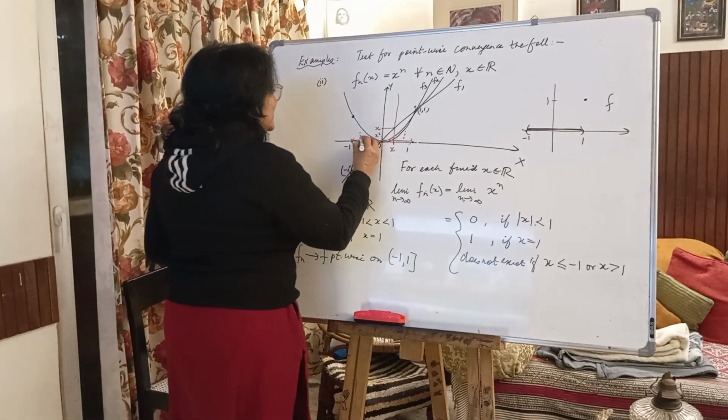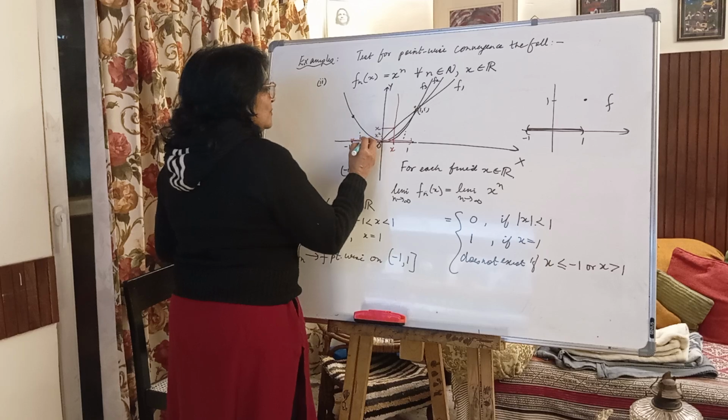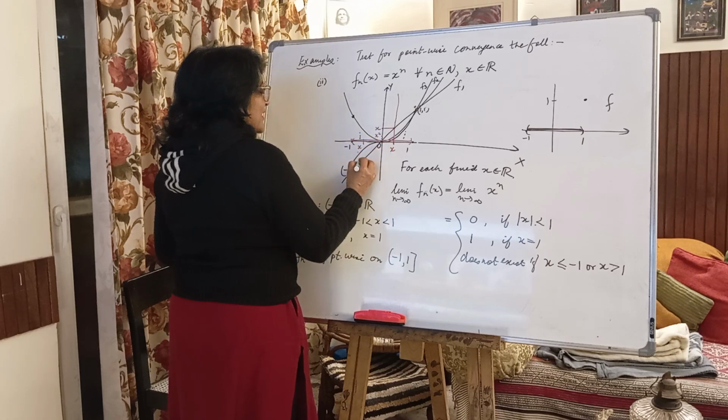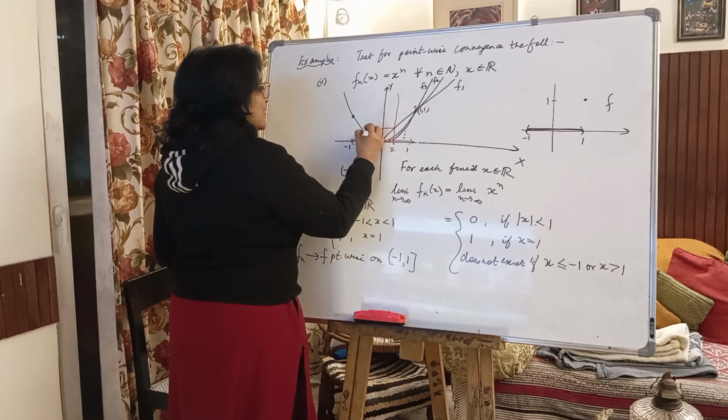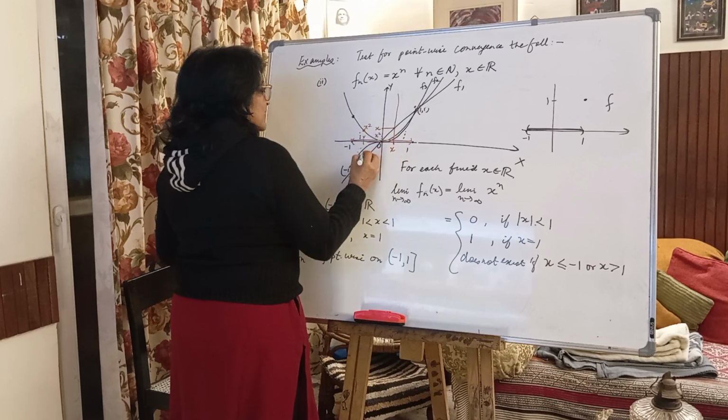And if x is negative, like the x we drew here, the first x comes here, negative. That is x. The second one, x squared, is up here. And the third one is x cubed, which is here.